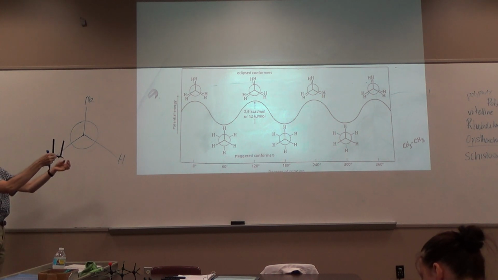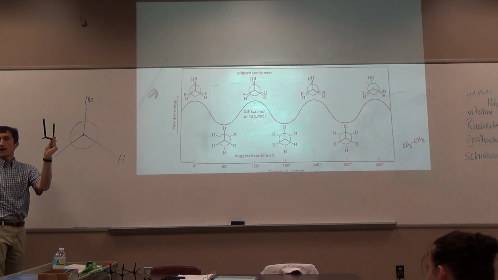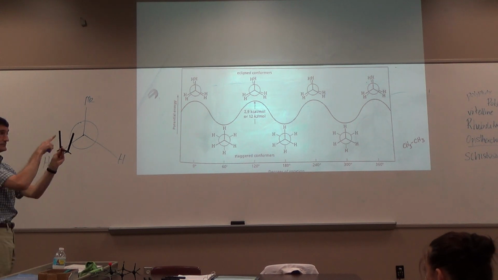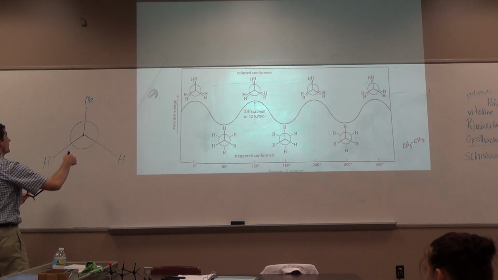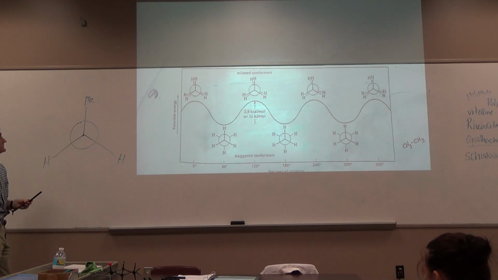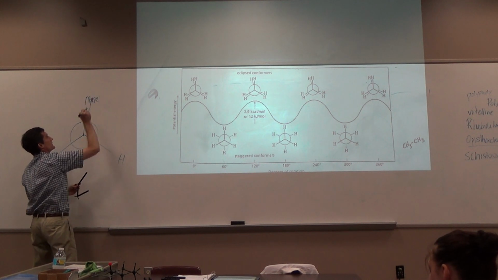Okay, the back carbon. What do you see on the back carbon? There's a methyl going straight up. It's actually eclipsed by the one in the front. I can say it's behind there, we just can't see it, but let's actually put it up there. And let's do something like this.